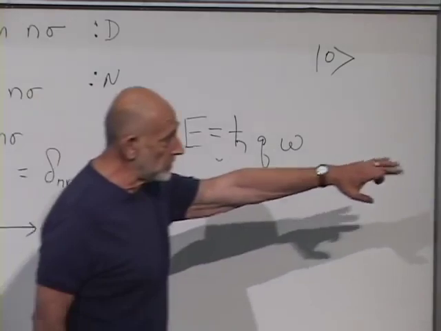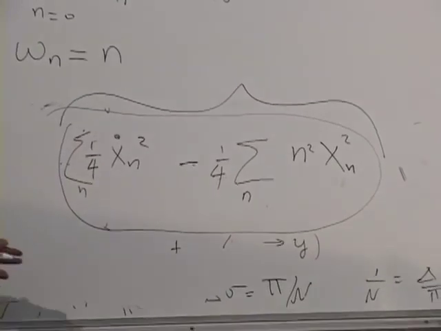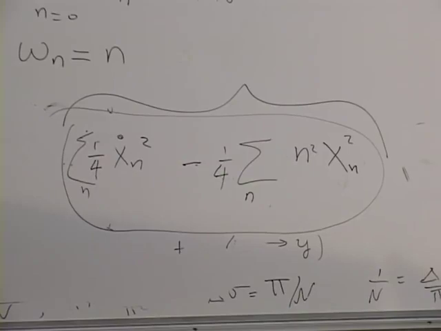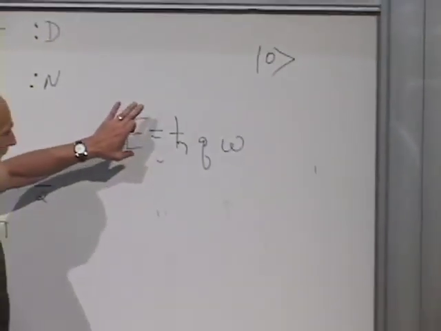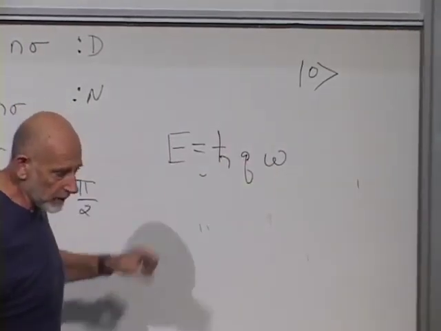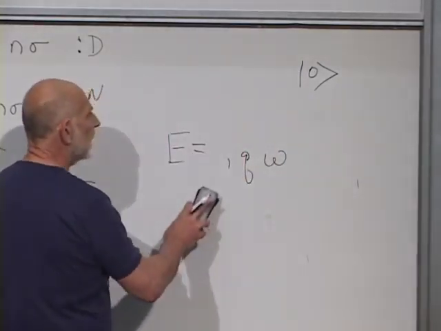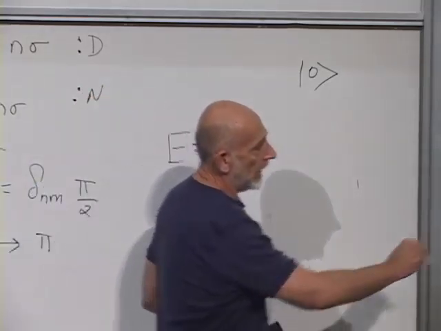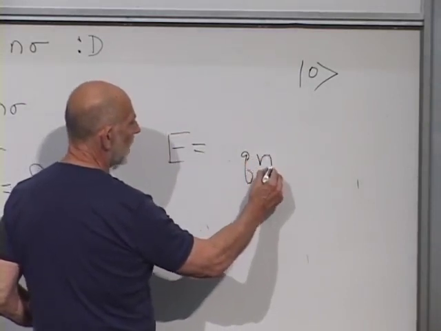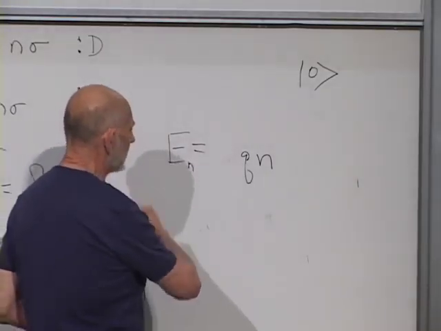Different integer than these integers. These integers label different oscillators. But each oscillator itself can be excited. So the energy of an oscillator is the integer Q times the frequency. We're going to set Planck's constant equal to 1. Let's forget Planck's constant. And omega is just n. So for the nth oscillator, the energy of the nth oscillator, it's just Q times n.